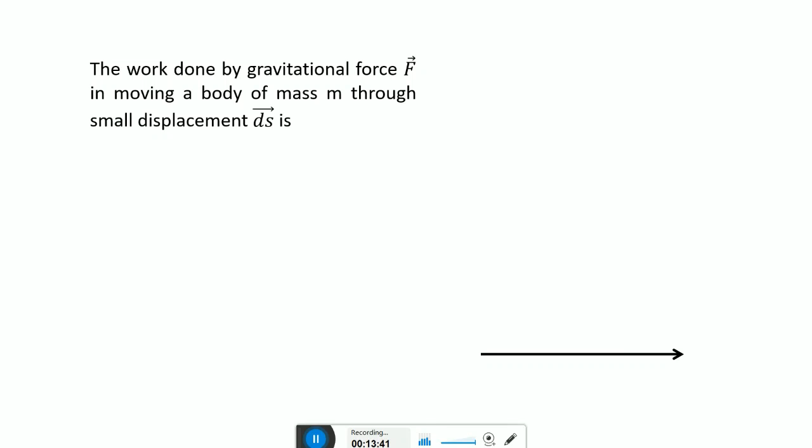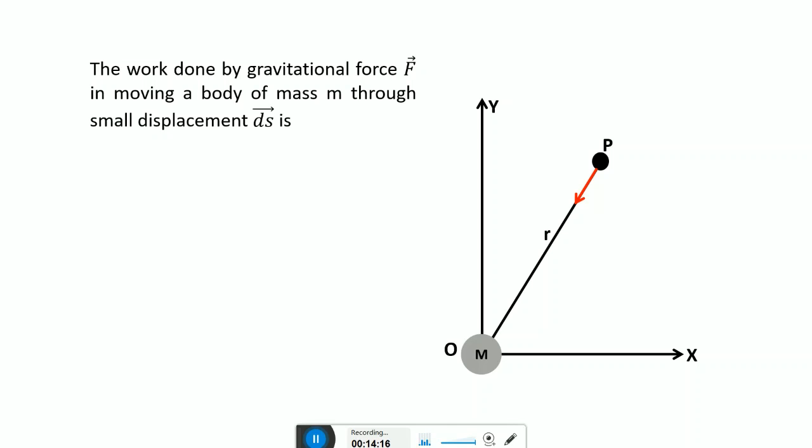So this is x-axis, y-axis, this is origin. A body of mass capital M be placed at the origin. Another body of mass small m be placed at point P and is moved from point A to B along path 1.